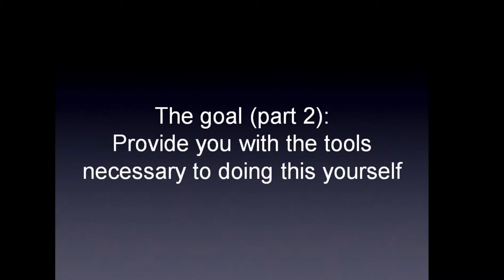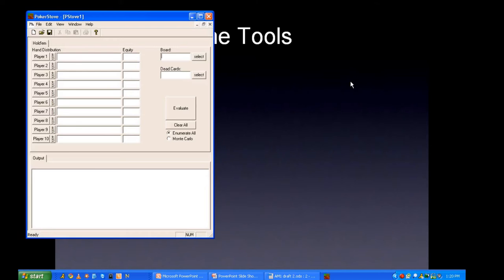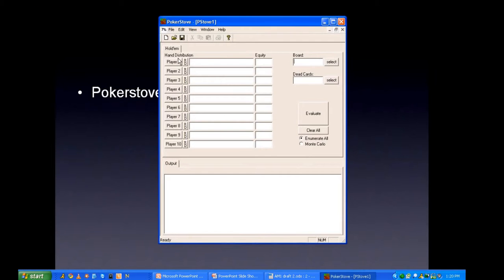So part two of my goal is to provide you with the tools necessary for doing all of this yourself. And these are the tools. PokerStove, which hopefully you have some understanding of how to use. I can do this very quickly. If you don't have it, you should download it. Basically, it's just like a simulator.